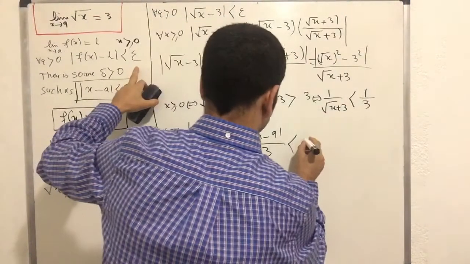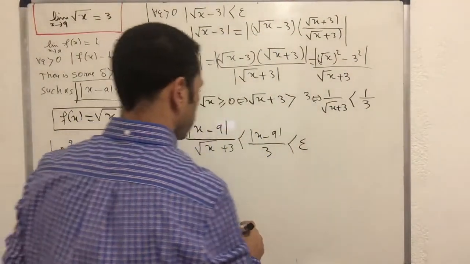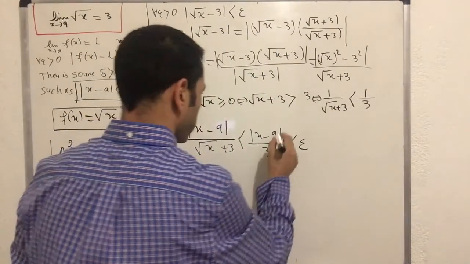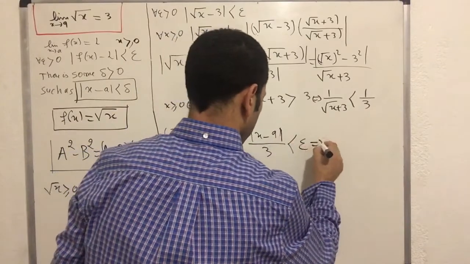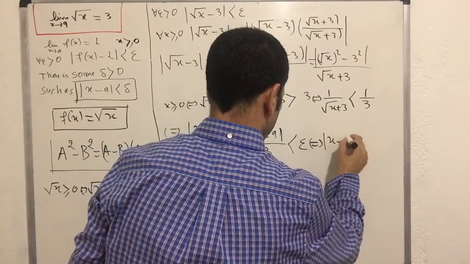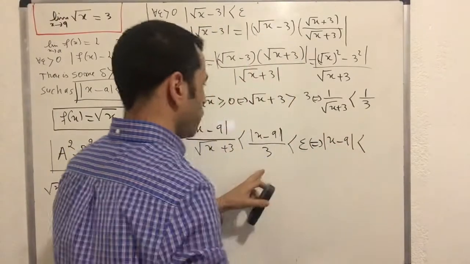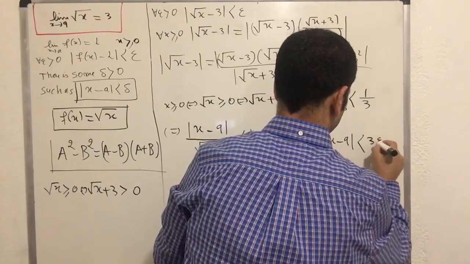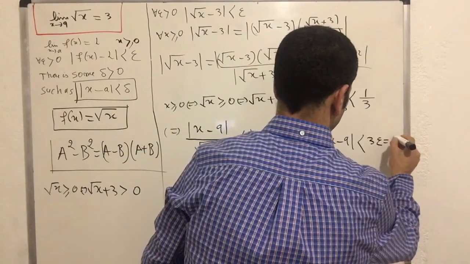That's our definition. So what does this mean? This one, x minus 9, is strictly inferior than 3 epsilon, which is delta.